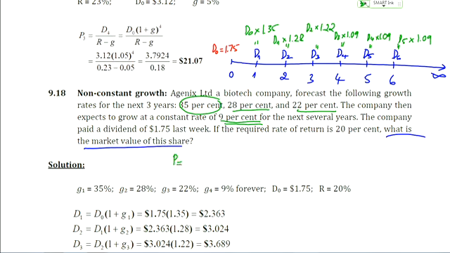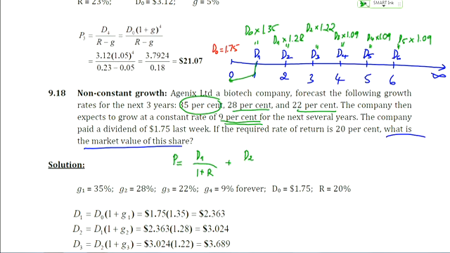So how about our price? Just do that slowly. Our P, the price of the share, you just discount all of the cash flow back to present, right? So your D1 divided by 1 plus R to the power of 1. You discount that back to present. Are you with me? Okay.